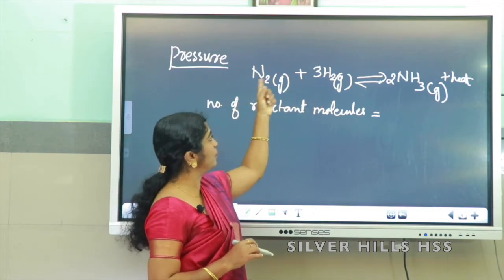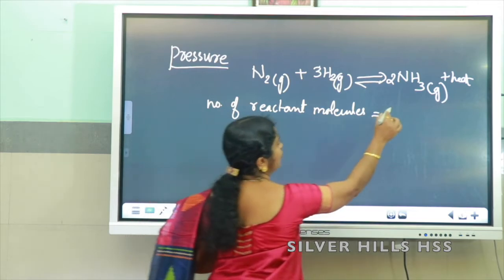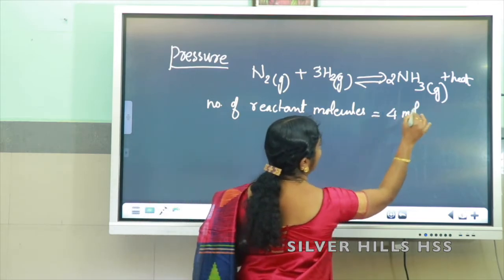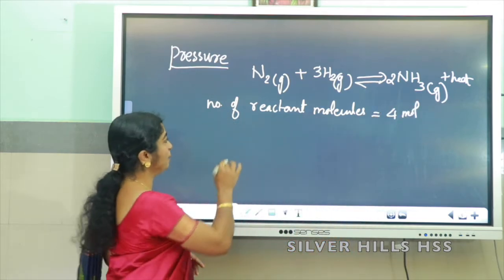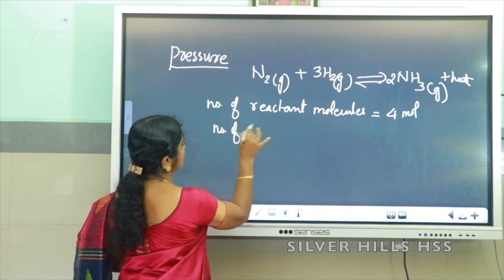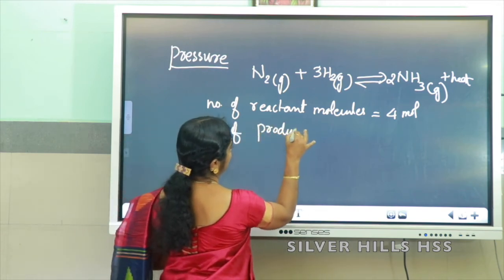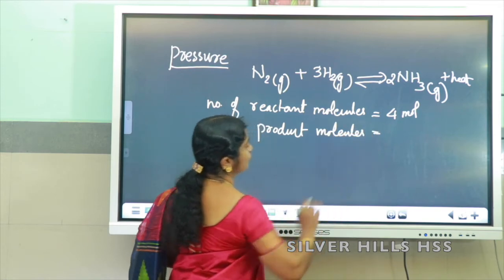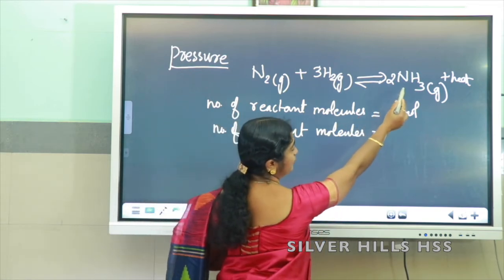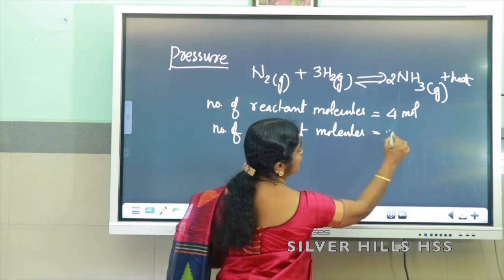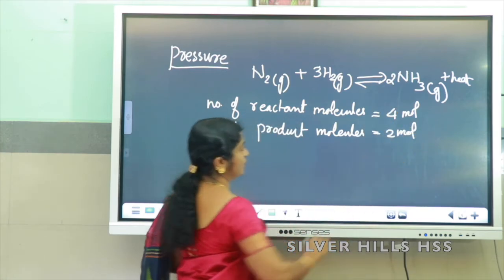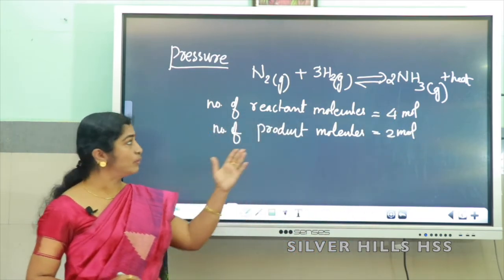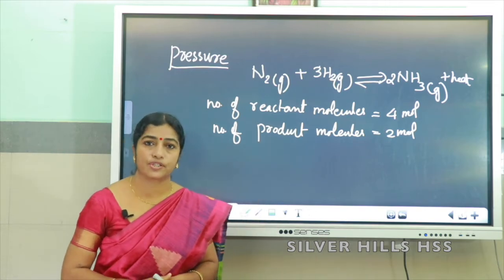So the total number of reactant molecules is 4 mole. And the number of product molecules, that is ammonia, is the product. How many molecules of ammonia? 2 molecules. So it is 2 mole. So reactant molecules are 4 mole and product molecules are 2 mole.